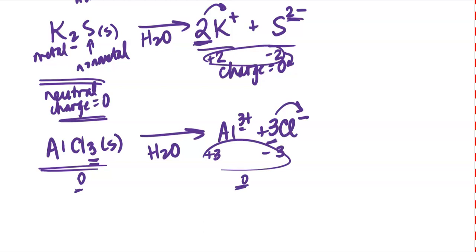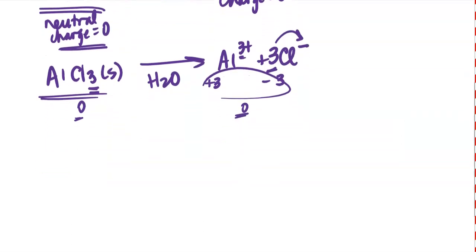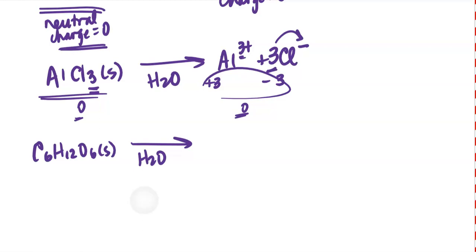Now, what about for those compounds that are covalent? For example, I mentioned glucose. If I have solid glucose and I put that in water, can I show that I have an aqueous solution of glucose? Absolutely. But I shouldn't expect ions on the other side of the equation because, as we've discussed, there are no ions in covalent compounds.